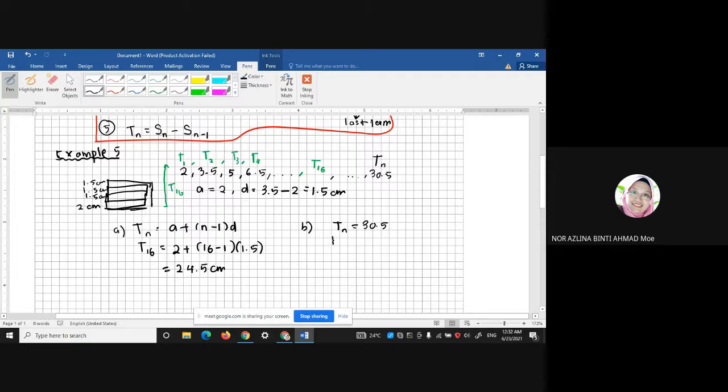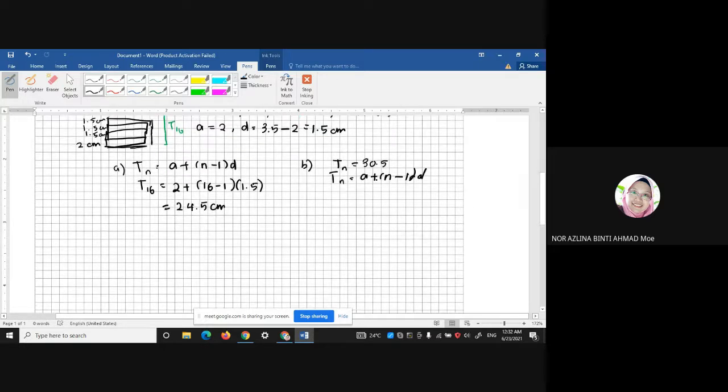Jadi Tn adalah a plus n minus 1 d. Okay. Sekarang ni Tn kita gantikan dengan 30.5. So here should be 30.5 equal to a, tadi 2, plus n minus 1 d.